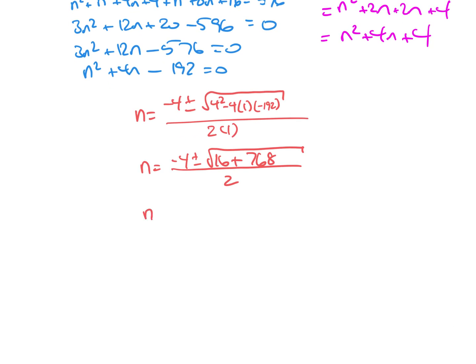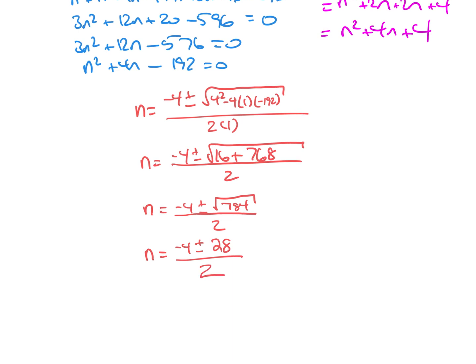Cool. And then 768 plus 16 is 784. 784 is special because it's a perfect square. The square root is 28.